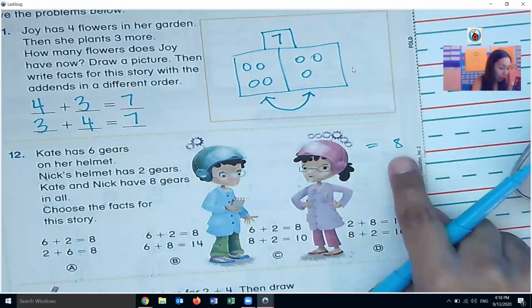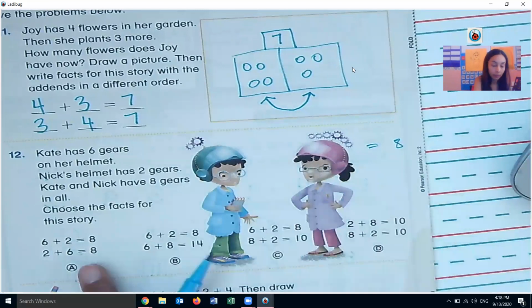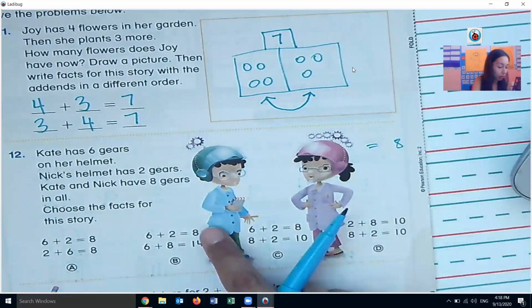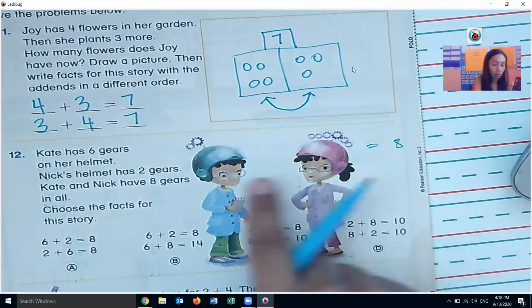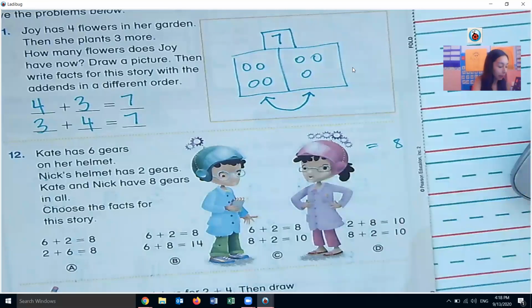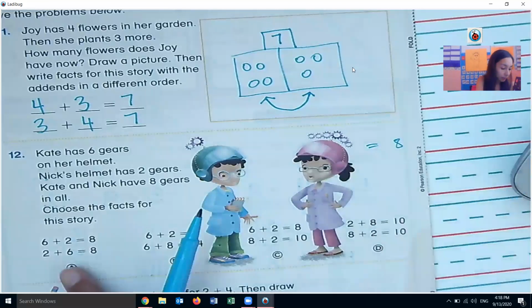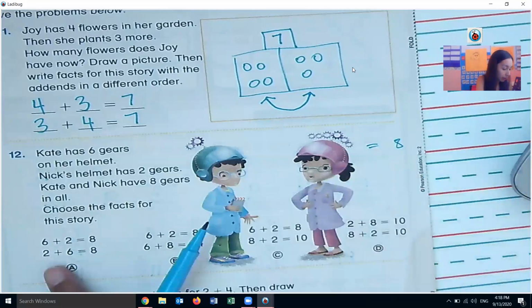Even just looking at the answer piece, I'm guessing it's probably A because the other ones have a different number at the end. The amount of gears is not changing, so the answer should not change. 6 plus 2 is 8. 2 plus 6 is 8. Yep.